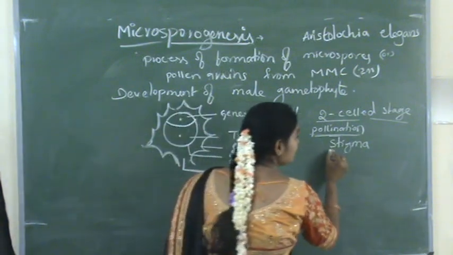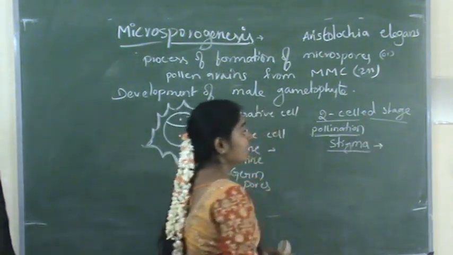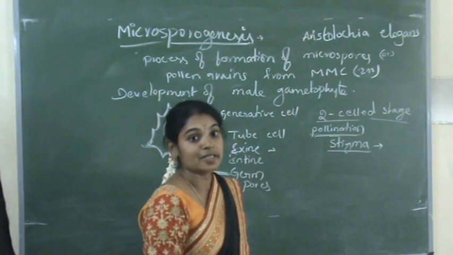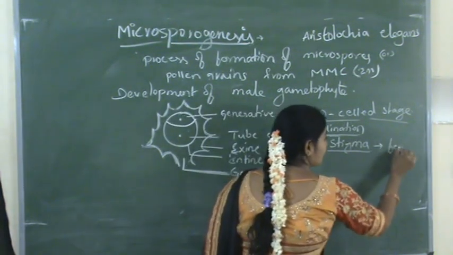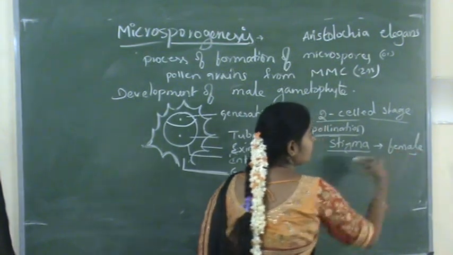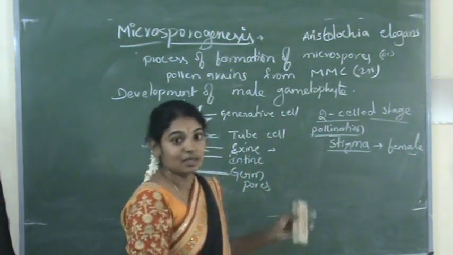So stigma is a receptive point in the female reproductive unit. Stigma is a female part of the flower.